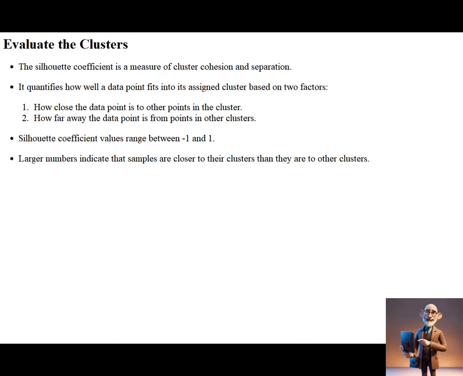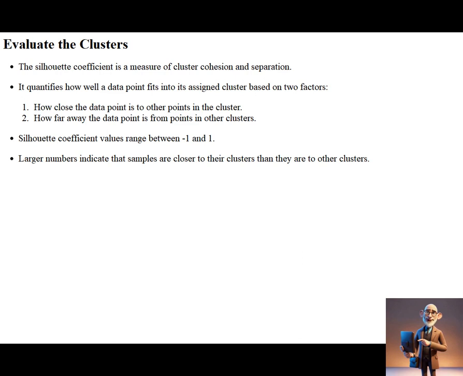Evaluating clusters is essential for ensuring that our partitioning of data is meaningful and aligns with the underlying structure. The silhouette coefficient provides a concise and informative measure that helps us gauge how well-defined and distinct our clusters are. In summary, the silhouette coefficient is a valuable tool in the toolkit of cluster evaluation.